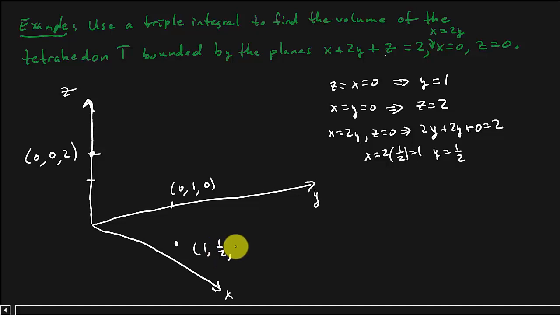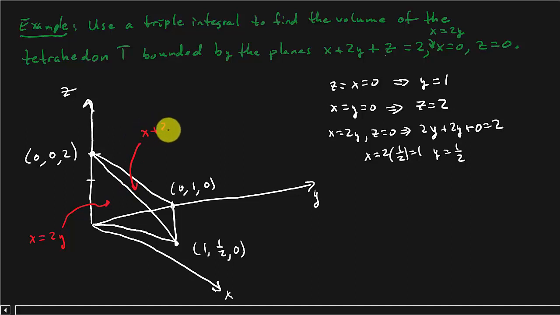And so I have something that looks like this. And this right here is where x is equal to 2y. This right here is x plus 2y plus z equals 2. All right.